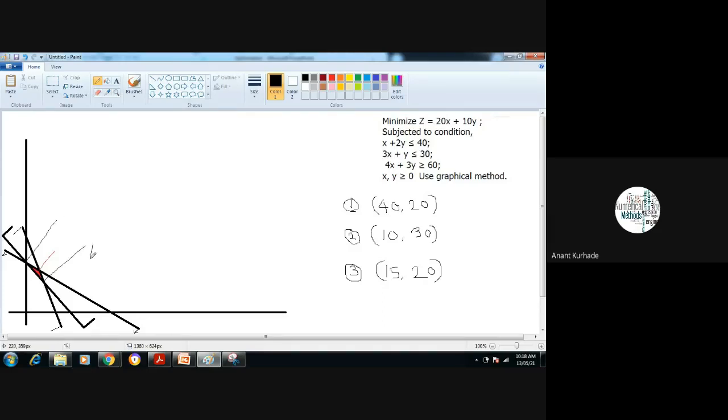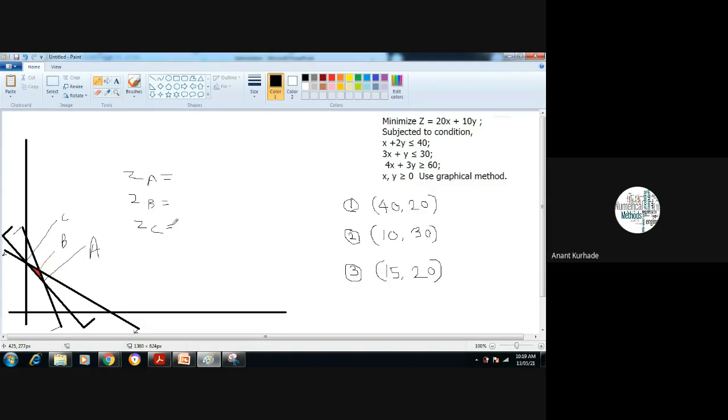Give them names, say A, B, C. Once you have these coordinates, check the objective function Z. Find Z at A: for point A you have two coordinates x and y, so Z is 20 into the obtained x value plus 10 into the obtained y value. Find Z at A, B and C, and from these three find the minimum or maximum value. Reply to me fast.